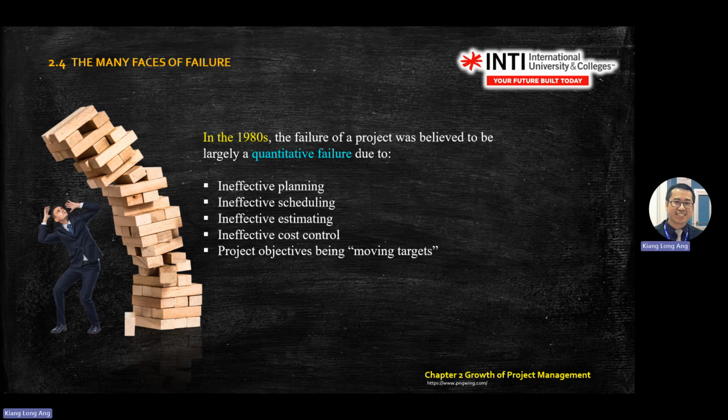It means there's no end line of what the customer wants. You don't know what you can deliver or when you can close the project. Right? So these are the quantitative failures. So if the question says quantitative failure, they expect you to list out all these things in your answer.